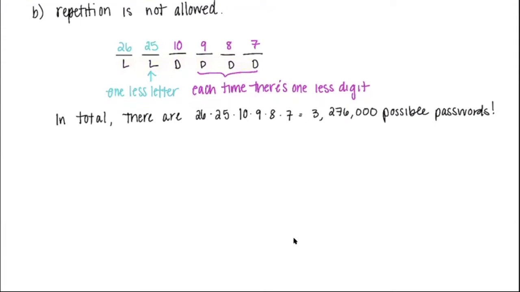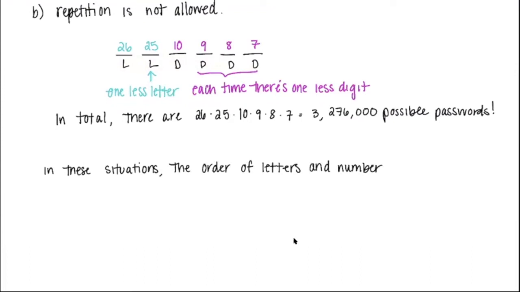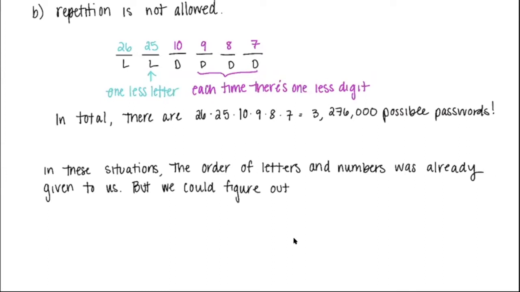So in these situations, the order of letters and numbers was already given to us. But we could figure out how many ways we can arrange the letters and digits.